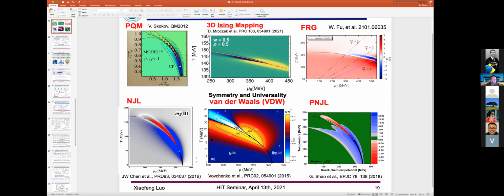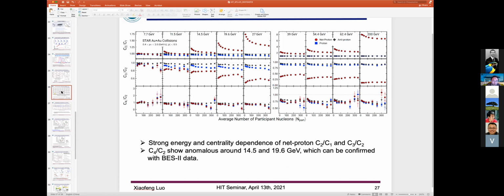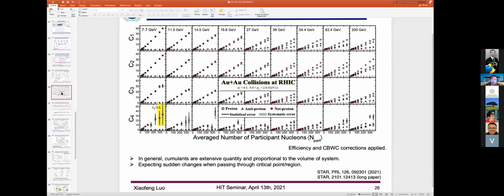Siwei, you had a question? Yeah, it's a simple question. In your, Xiaofeng, in your published net-proton data, does it include the protons from lambda hyperon decays? Yes, it has. All those decay products are included in this net-proton analysis. We didn't exclude those.